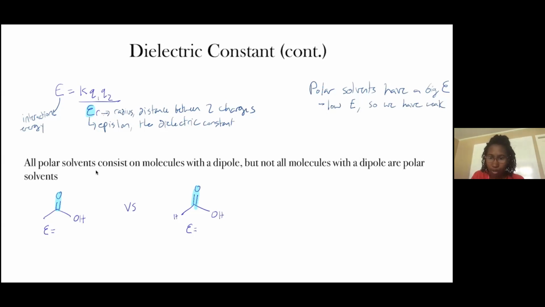In a polar solvent, they would be weakly attracted. Basically, the punchline is that oppositely charged ions associate less in polar solvents than in apolar solvents. And that's the main takeaway from this portion of the lecture.